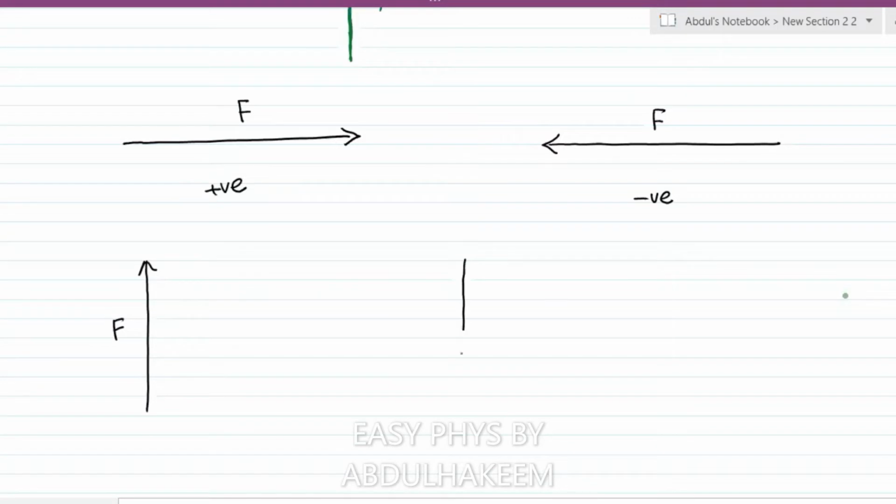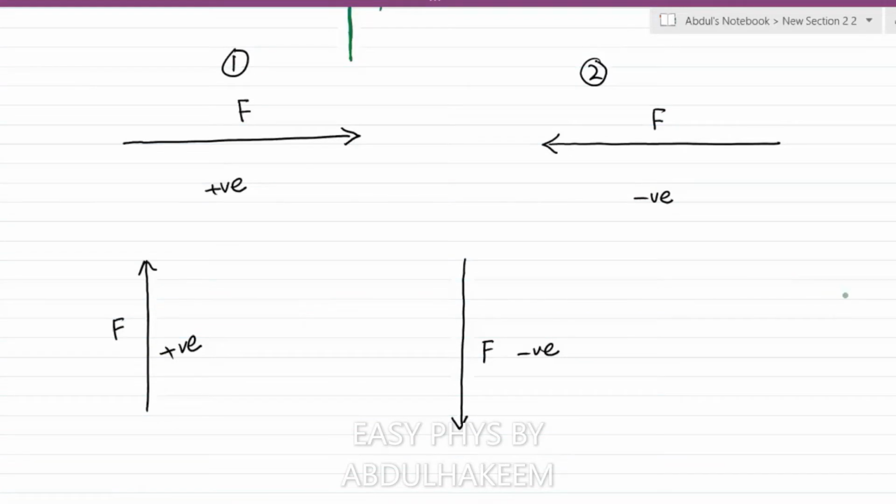So number 1 and number 2 are horizontal vectors, one positive and one negative. But number 3 and number 4 are both vertical vectors, not horizontal. Number 3 is a positive vector, and number 4 is the negative vertical vector.